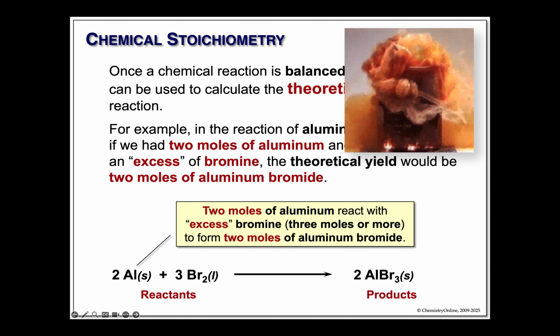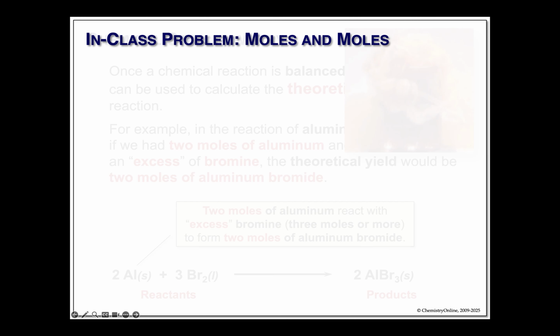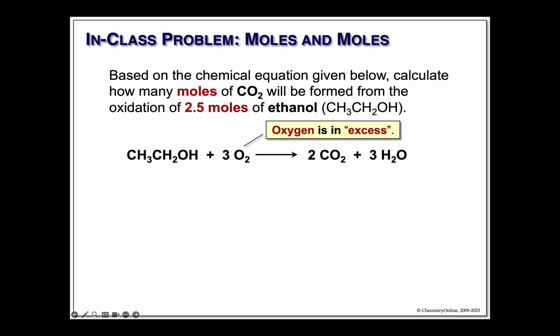Well, let's go ahead and look at a real problem then. Here we have the organic alcohol ethanol reacting with oxygen. Remember, molecular oxygen is O2, to give CO2 and water.